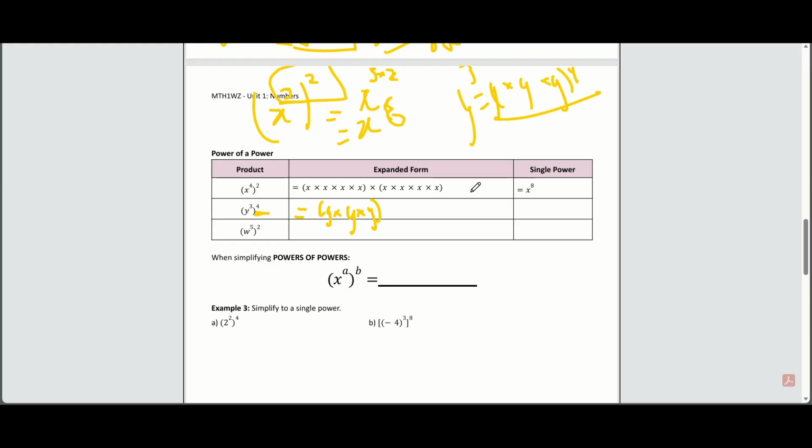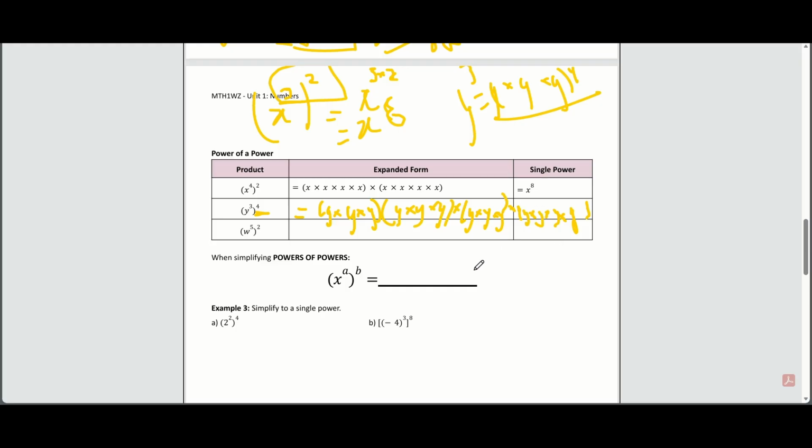Okay? So we have y times y times y, four times, each in a bracket. This is if you don't get the concept and you want to make sure your answer is right.